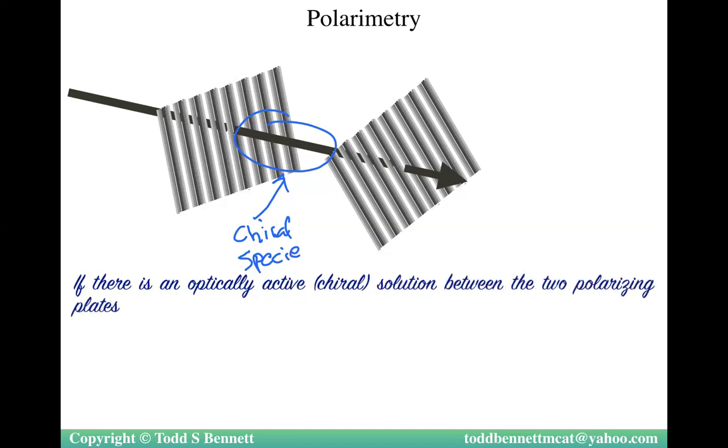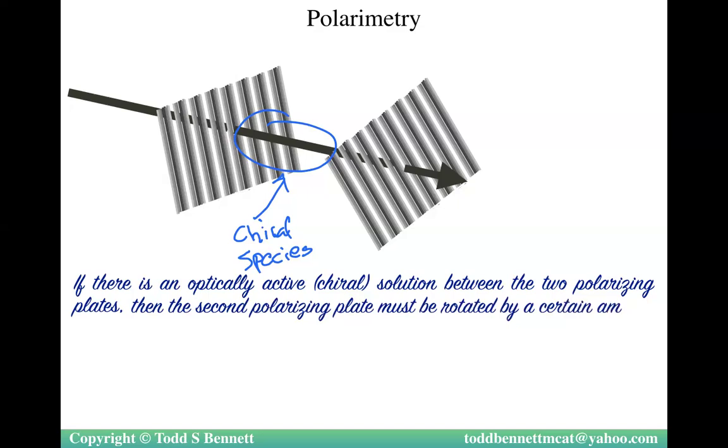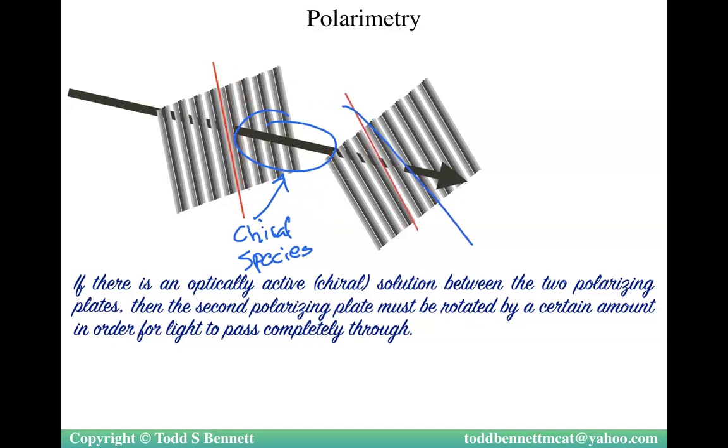So if there's an optically active chiral compound in solution between the two plates, then the second polarizing plate must be rotated whatever amount. It'll vary depending on the compound and concentration. If I look at this line right here and compare it to the line there, that represents how much it rotates.